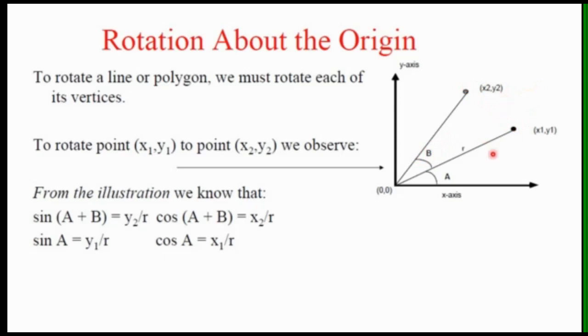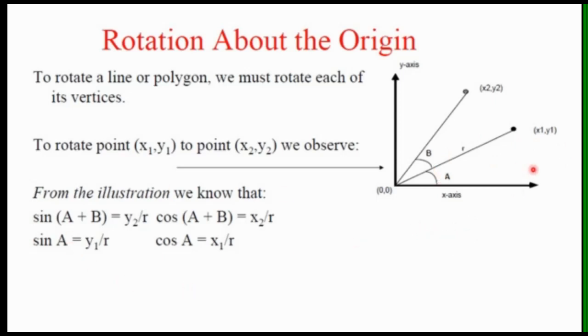To rotate a line or a polygon or a point, we must rotate each of the vertices. So we have to rotate all the vertices of these lines from position P1 to position P2 by an angle b. To rotate point x1 y1 to point x2 y2, some transformation matrix is required here. We will see the equations of this transformation matrix.